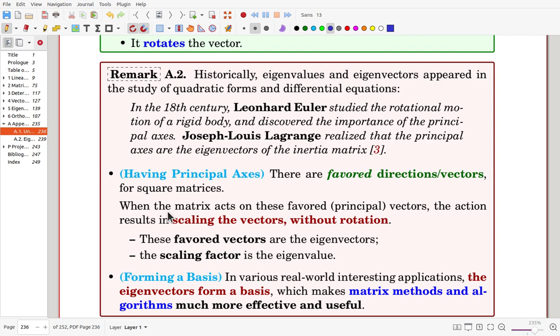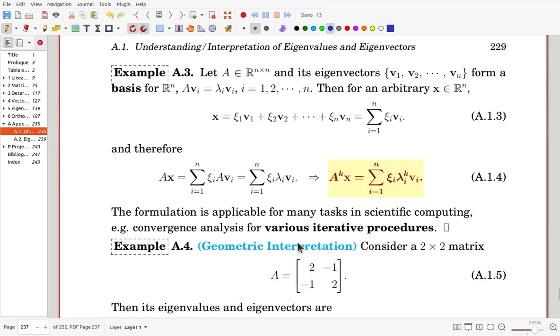In many interesting applications, the eigenvectors form a basis, which makes matrix methods and algorithms much more effective and useful. See this example.